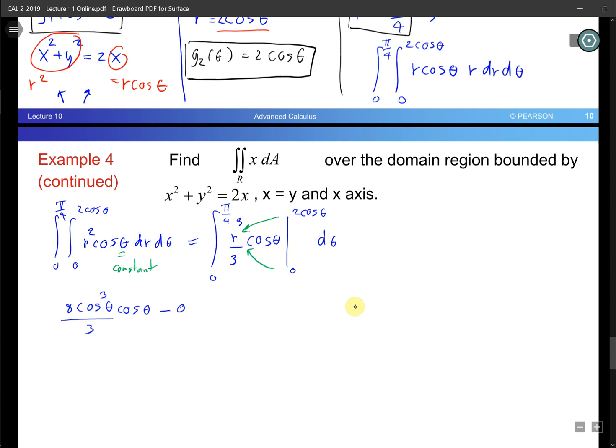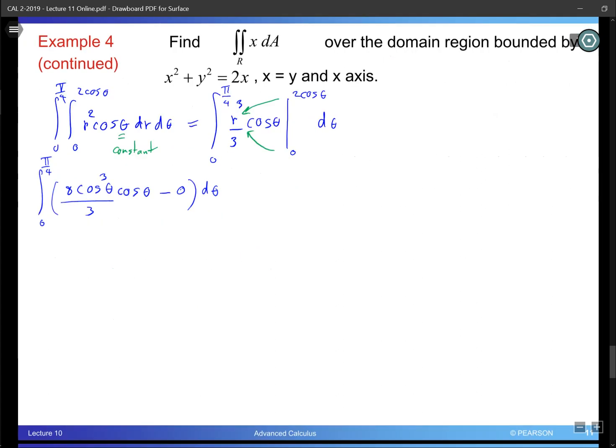And we are supposed to integrate this with respect to theta from 0 to pi over 4. Alright, let's put an equal sign here. This is going to be equal to, now I'm going to take the 8 over 3, the coefficient, outside, so it's easier to integrate without that. So 8 over 3 comes outside, integrate from 0 to pi over 4 of cosine theta to the 4th, d theta.